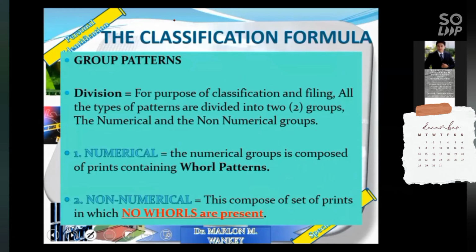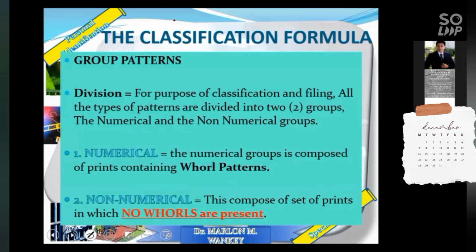Let us talk first about the group patterns. Division for purposes of classification and filing: all the types of patterns are divided into two groups. There are classifications that are written numerically, and there are also groups that are written in letters, non-numeric. The numerical group is composed of prints containing whorl patterns.